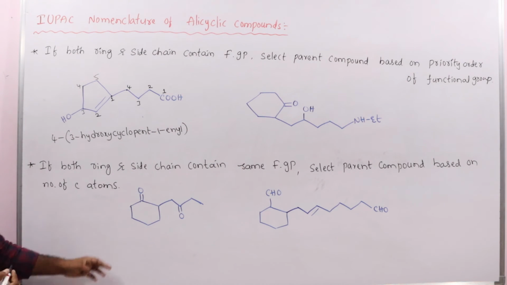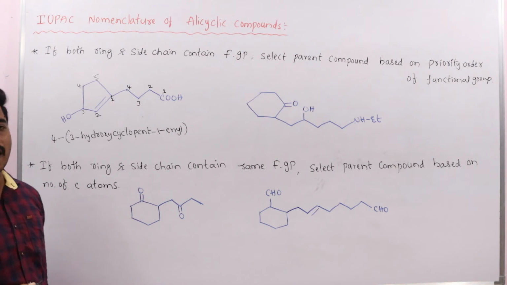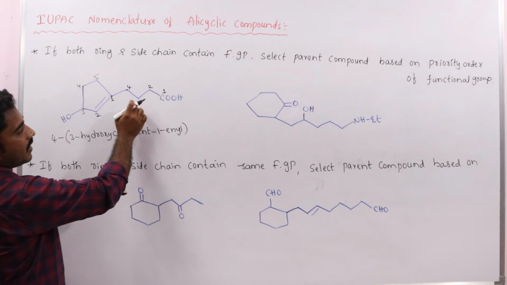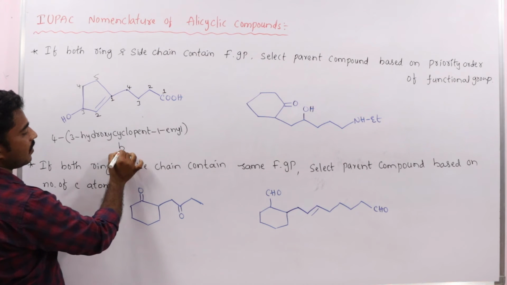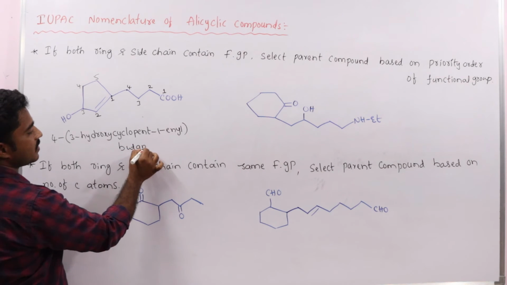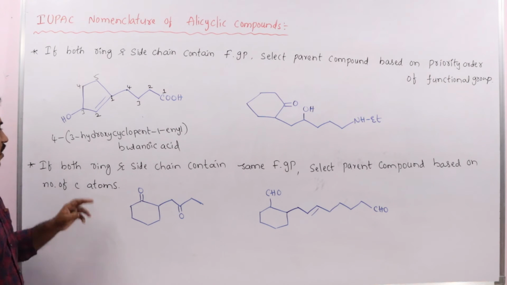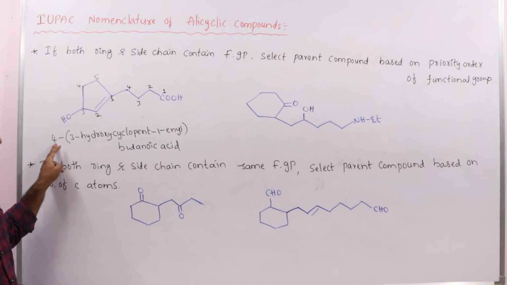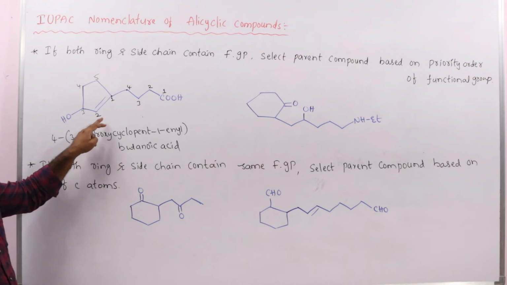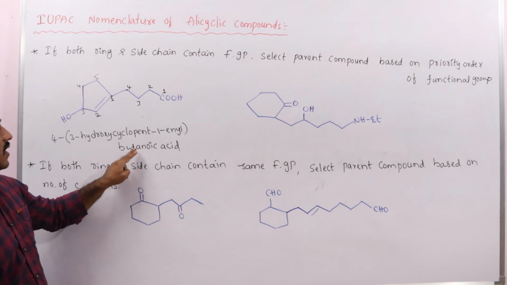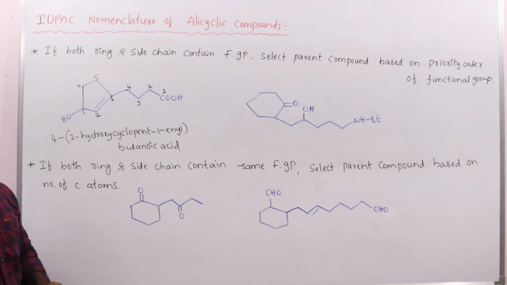Okay, 3-hydroxy cyclopent-1-enyl. So what is the parent chain here? Parent chain contains 4 carbons. That's why we should write butanoic acid. Butanoic acid. At the fourth position of the parent chain, the substituent is 3-hydroxy cyclopent-1-enyl. Parent chain is butanoic acid.